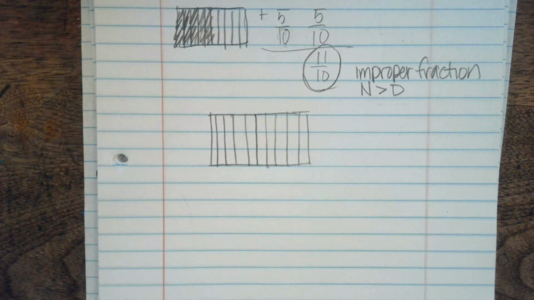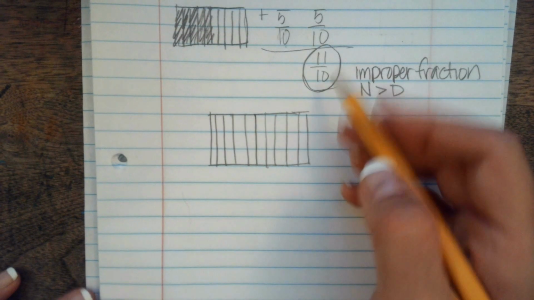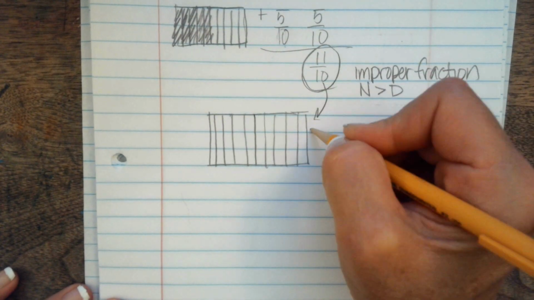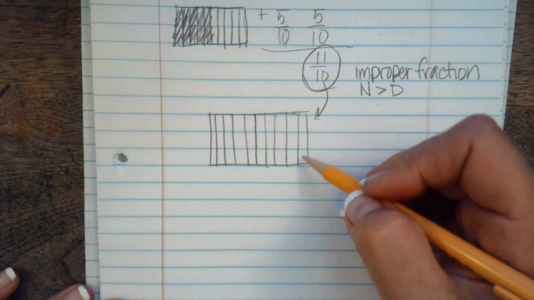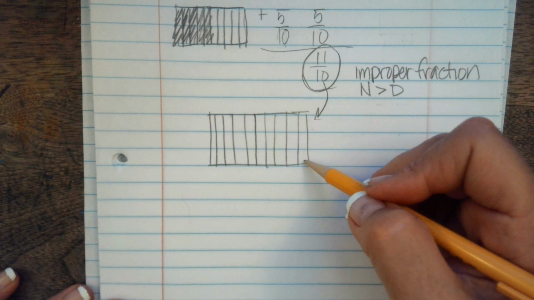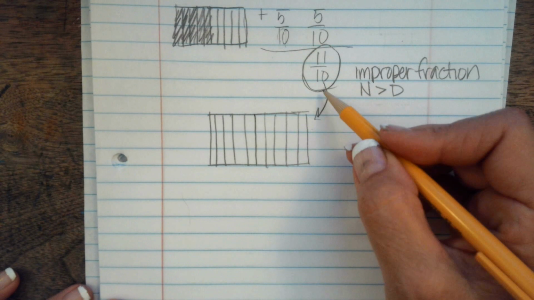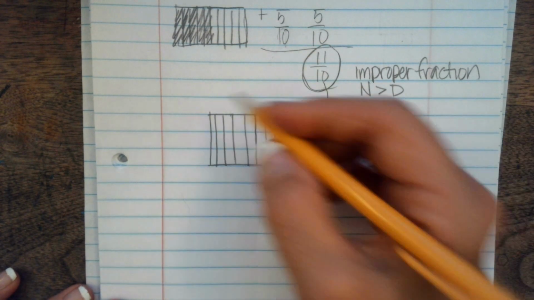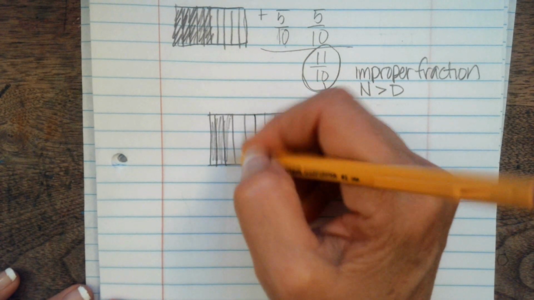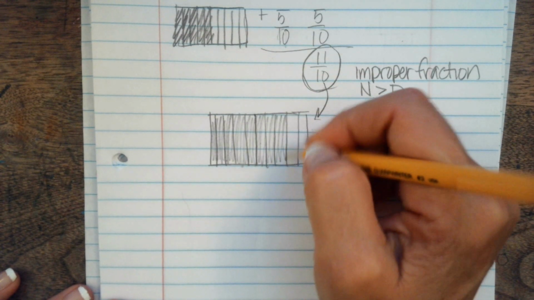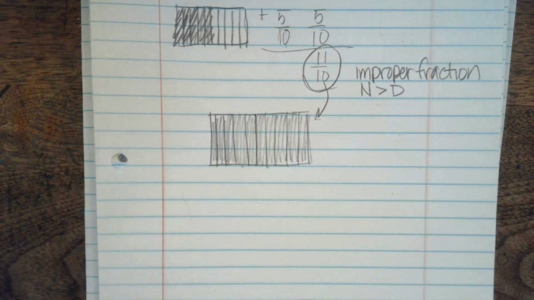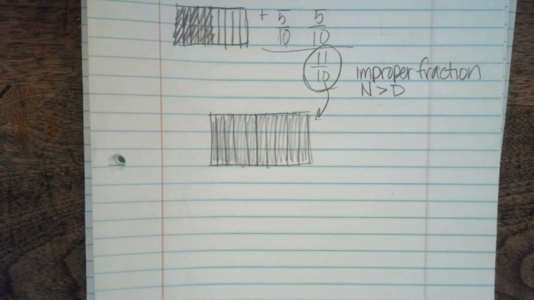Okay, so we have our denominator. So you're going to fill in a shape with the number of squares or parts or pieces for the denominator. And then we're going to start coloring in, oh, I've run out of squares.